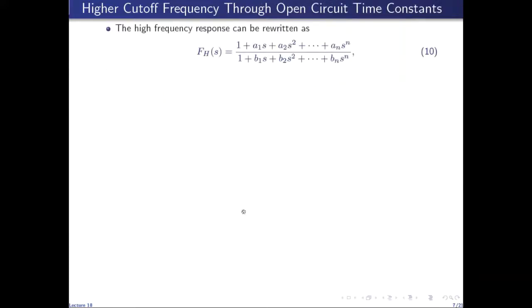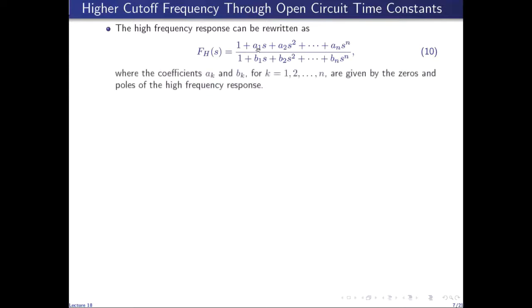The third method approximates or estimates the higher cutoff frequency through the use of open circuit time constants. So please note that FH, which is the product of n factors in the numerator and n factors in the denominator, can be written as an n degree polynomial in the numerator and an n degree polynomial in the denominator. The n degree polynomial in the numerator is obtained by multiplying all the n factors in the numerator, and the denominator polynomial is obtained by multiplying all the n factors in the denominator.